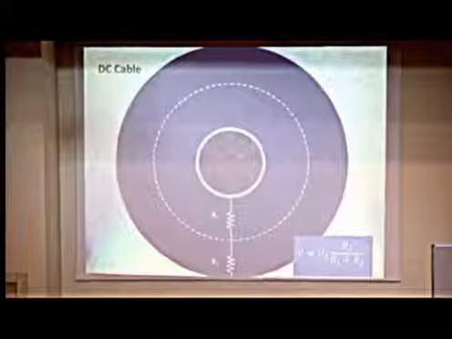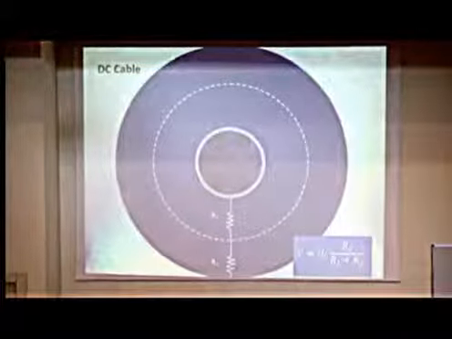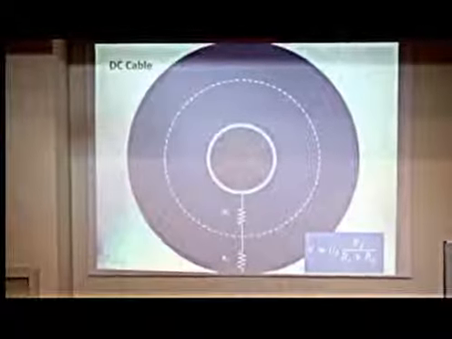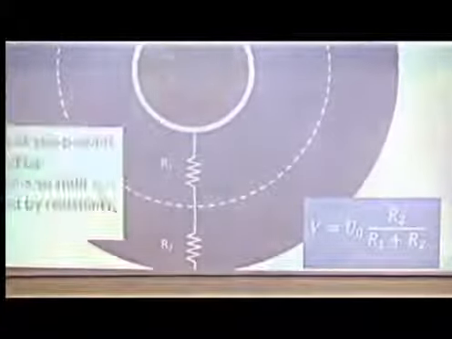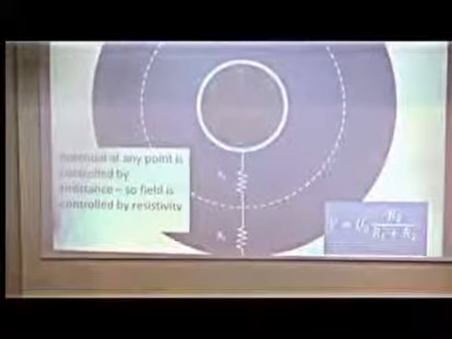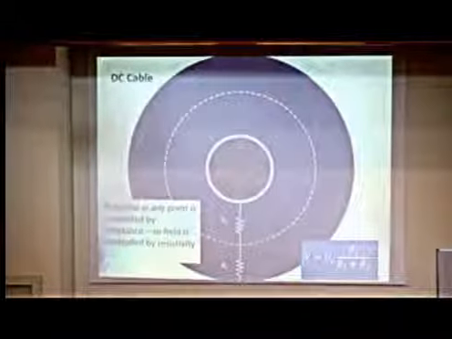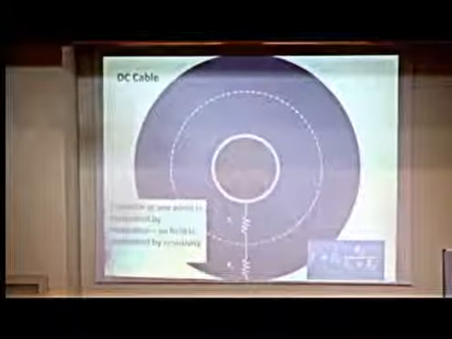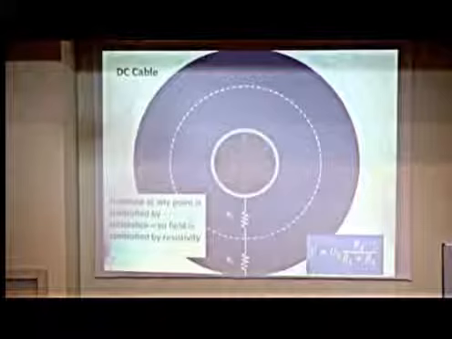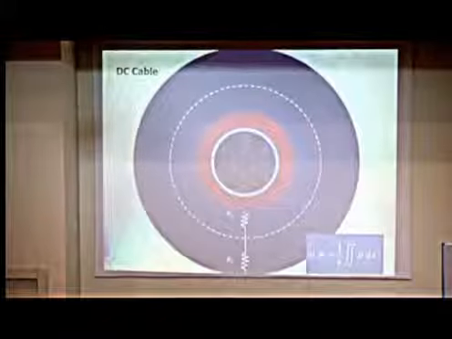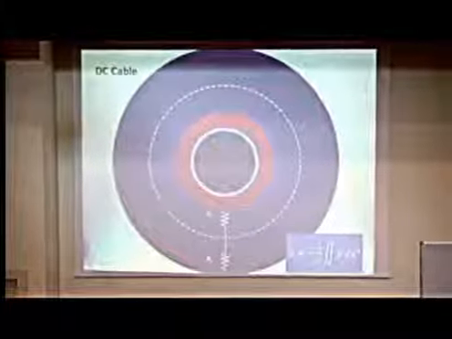On a DC cable, you can see that the voltage depends on the resistivity, or the conductivity if you like, of the cable. And so this is much more problematic, because the conductivity is highly dependent upon temperature, and there's going to be a temperature distribution across the cables. And furthermore, we could have space charge.